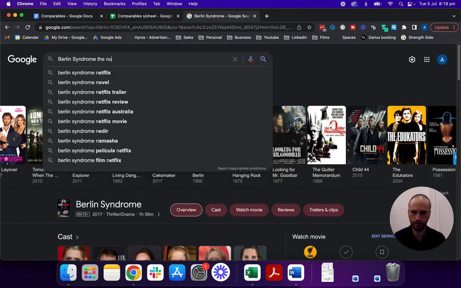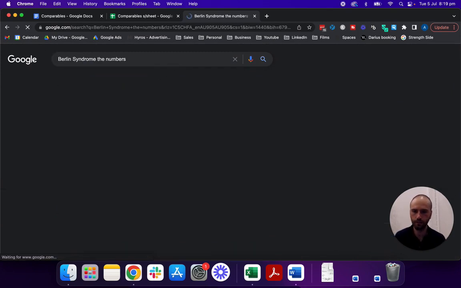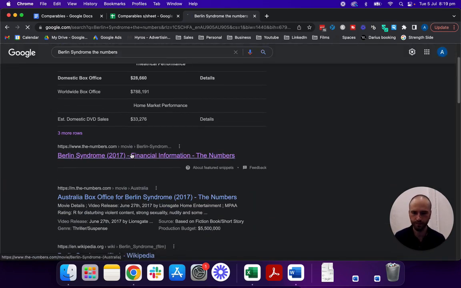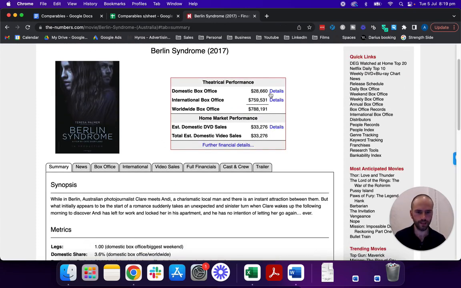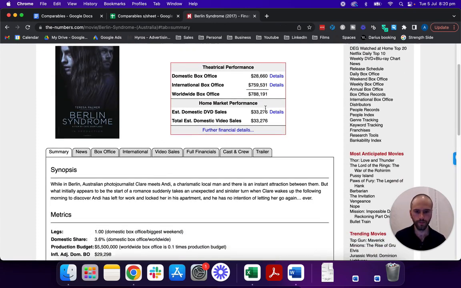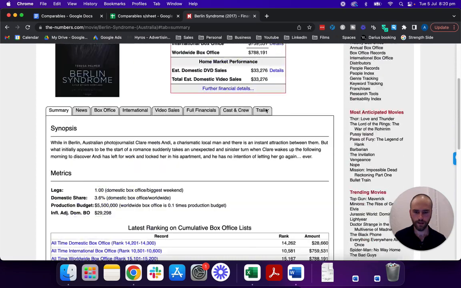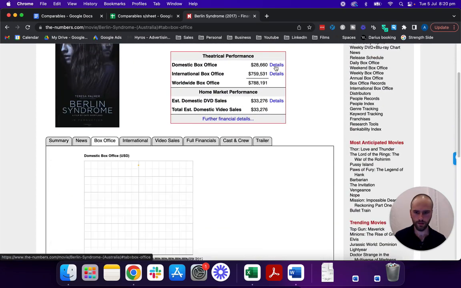So I would just type in Berlin Syndrome, The Numbers, and that is going to bring up the domestic and international box office here. What's important to know is that domestic box office on The Numbers or Box Office Mojo always refers to the US, and international refers to everything outside the US.